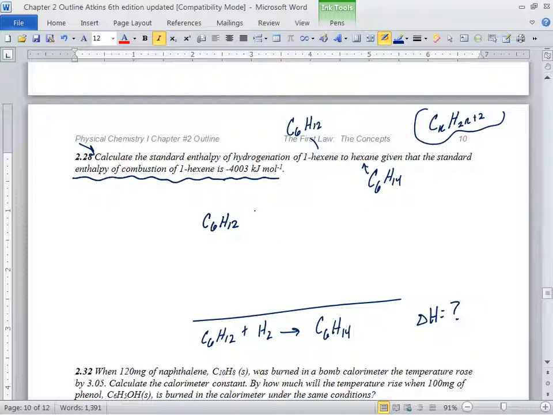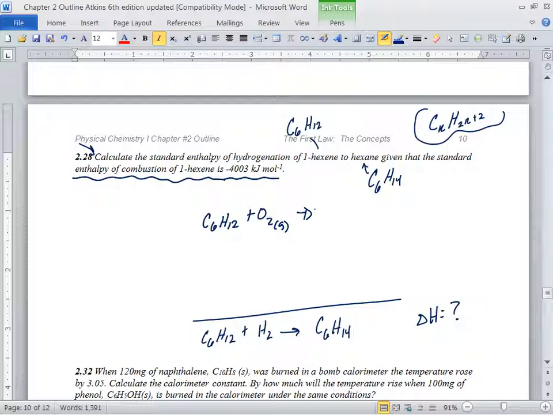It's an enthalpy from 1-hexene. Now hang on. Before we keep going here, should we be flipping this reaction so we don't have to erase it all, or is this written the right way? It's written the right way because look, C6H12 is on this side. So we keep going, right?